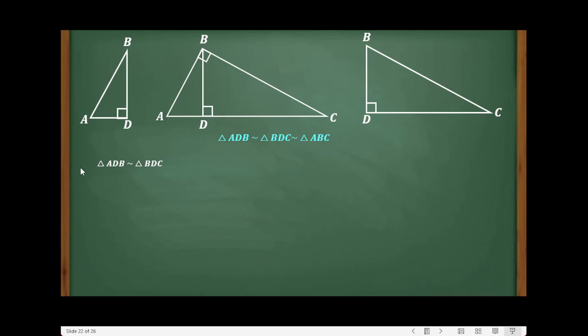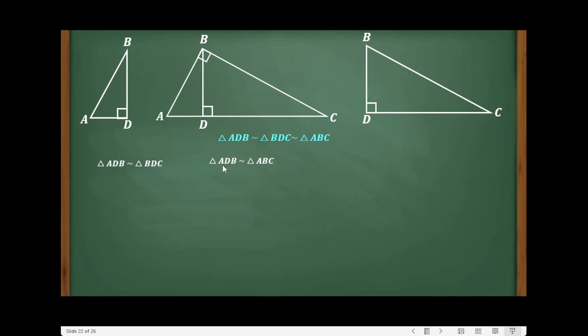And with that, we can form the proportionality of their corresponding sides. But first, before we go on to the proportionality of the corresponding sides, let us consider another two right triangles out of these three.